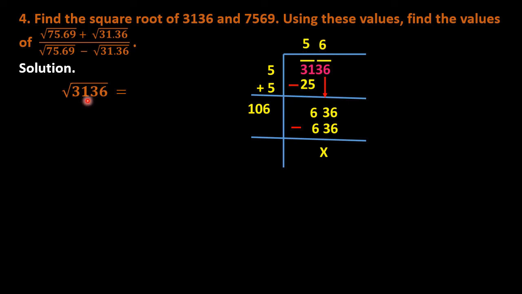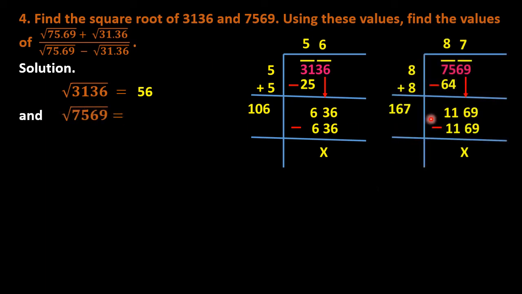So the square root of 3136 is 56, and similarly let me find the square root of 7569 using the long division method, and here is the calculation. So the answer is 87. The square root of 7569 is 87.